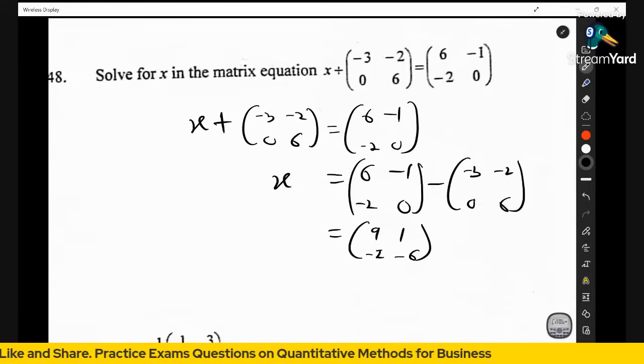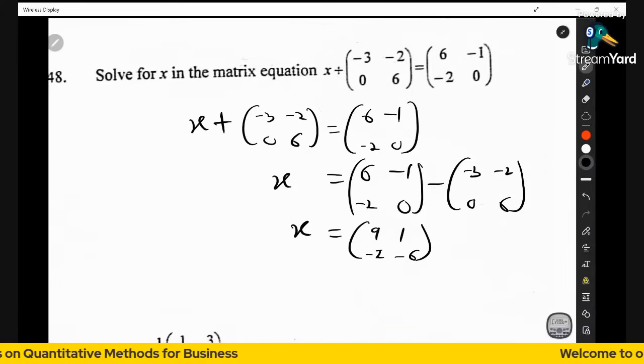So you get x to be equal to what? 9, 1, negative 2, negative 6. So we just have to make x the subject and then subtract the two matrices in that line.